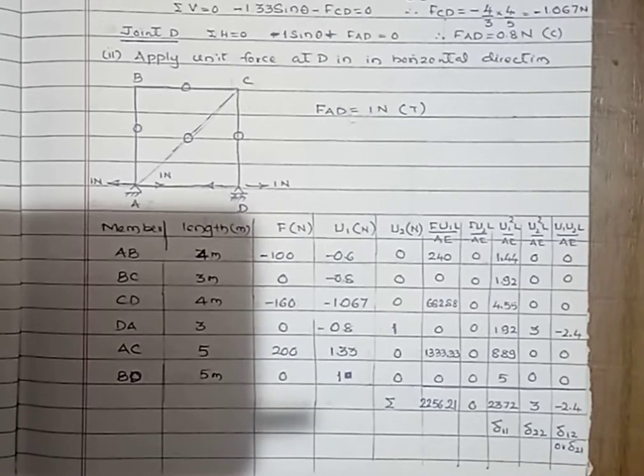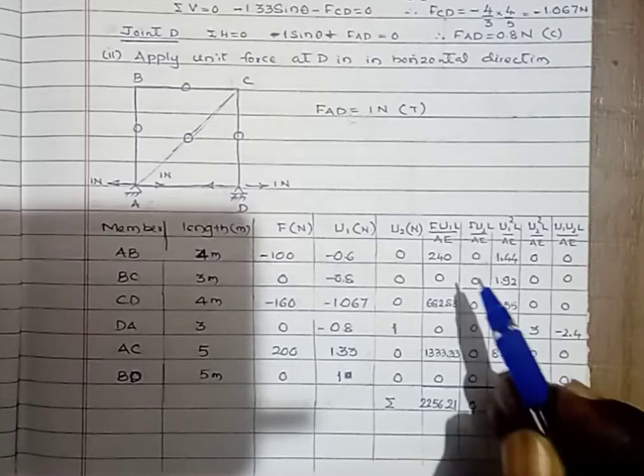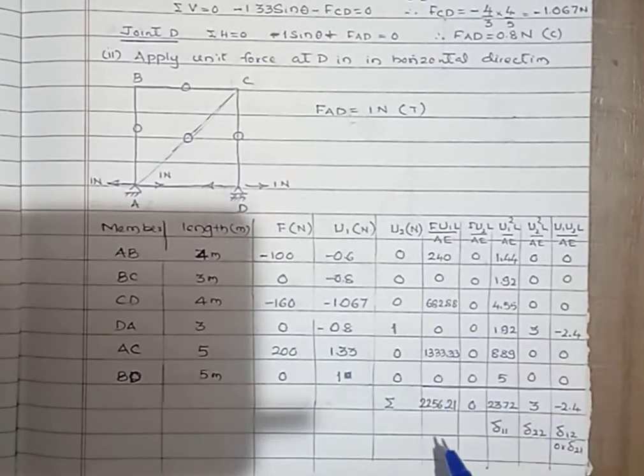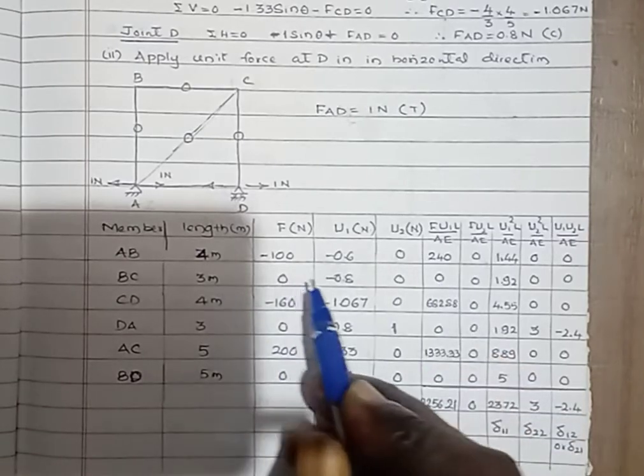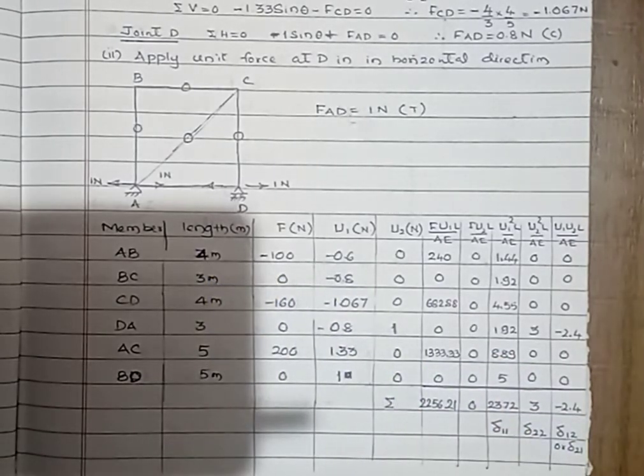And then now we can apply the unit load method, that is summation of F U1 L by AE. Here U1 you know, F you know, length you know, and AE we can assume as constant, the same throughout all the members.